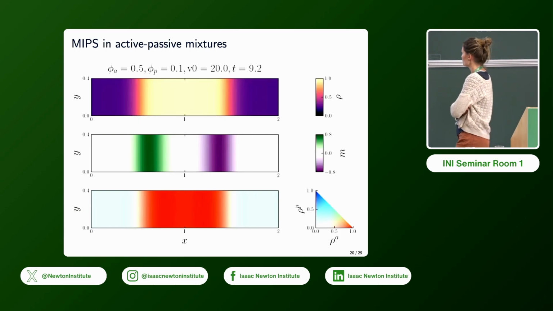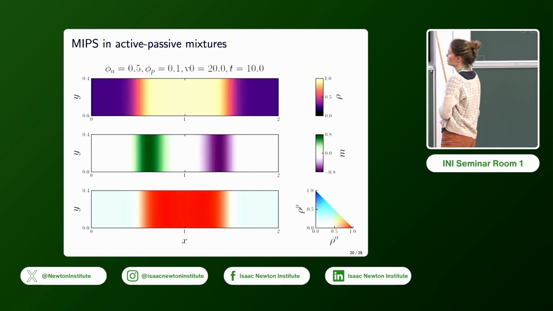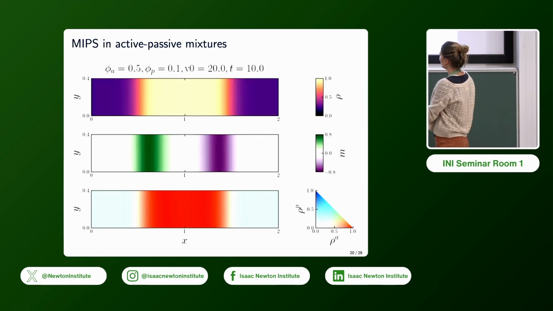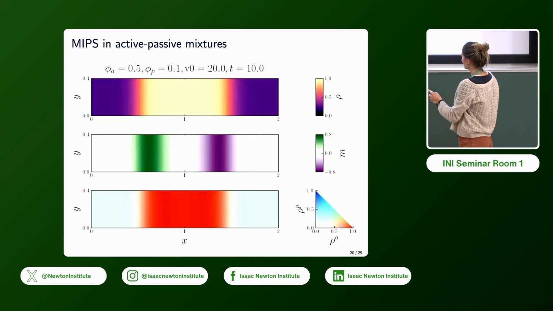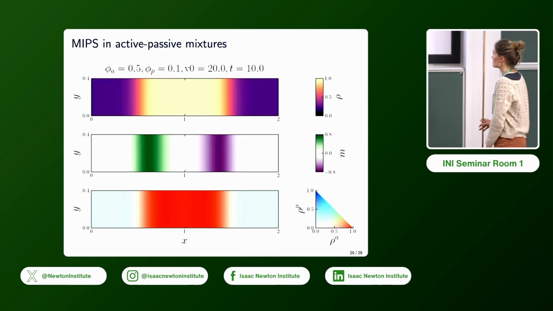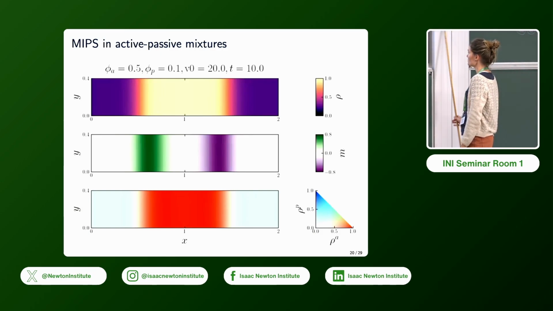So we start with a perturbation of the uniform state, and eventually you get this liquid cluster and some vapor, some gas in here. And again, note this profile where you have high concentration of left moving and right moving here, and then some uniform zero magnetization in the middle.